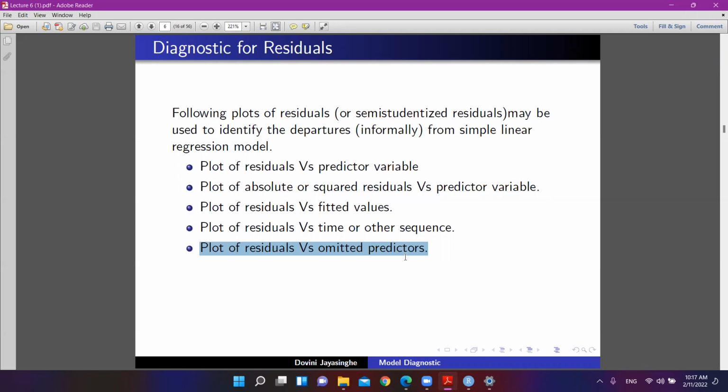Adding a lot of x variables doesn't really help. So if we have more than one predictor, and we omit a couple of predictors from our model, then we can plot these things and see what's happening. If it adds some significance to the model, we have to include the variable in the model.